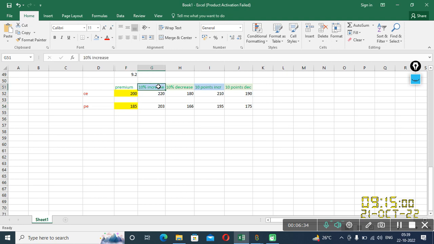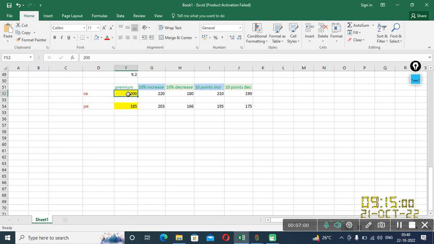So I am adding a condition here that at 9:20, which is your entry time, आपका ये 10% का इंक्रीज होना चाहिए सीई के प्रीमियम में, ओके, और पीई के केस में भी 10% का इंक्रीज होना चाहिए. So what you want is that CE price, the price of the CE was at 200 at entry time, that is your 9:20, right?